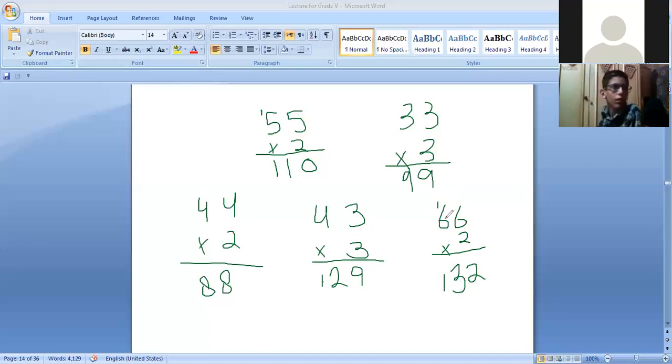We will write 2 here and 1 we give as the carry. 2 6s are 12, 12 plus 1 become 13. Is that clear? Now let's solve another question.